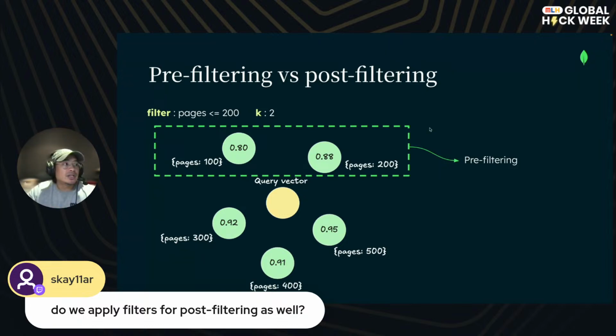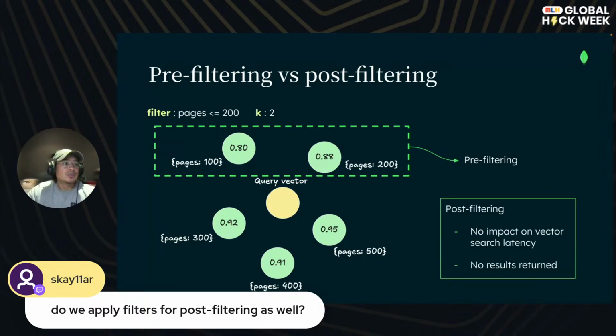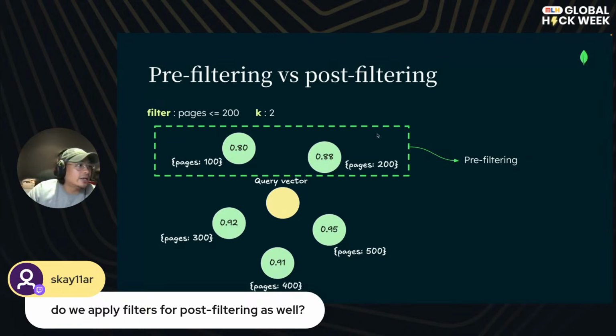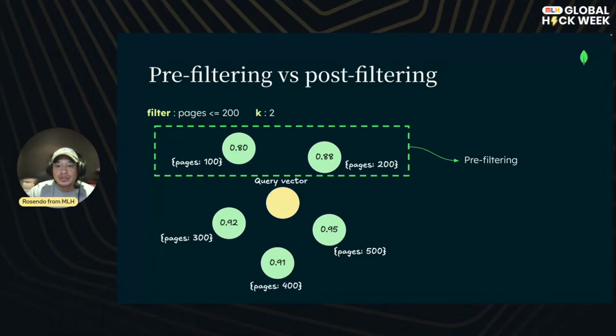Your query will stop as soon as it finds these 2 items. But if you post filter, it's not going to have any impact on the search latency because it's still going to go through all of these items before actually returning the top 2 results. That's the main reason why you're not going to want to post filter versus pre-filter, because essentially it's not really adding a lot of benefit to the efficiency or the latency of your search.